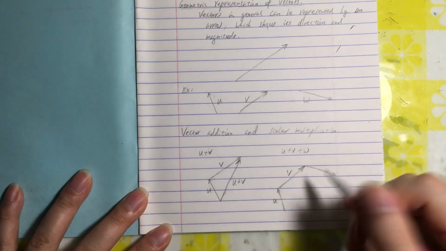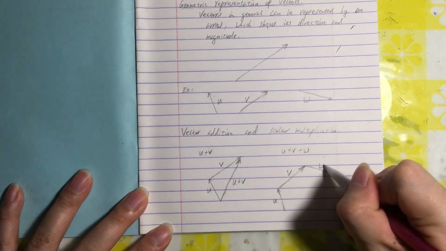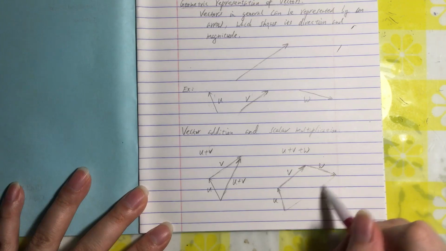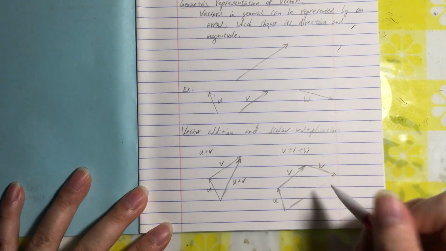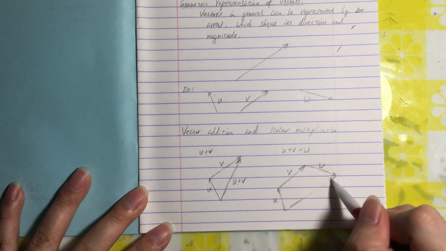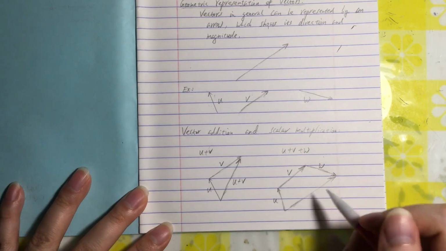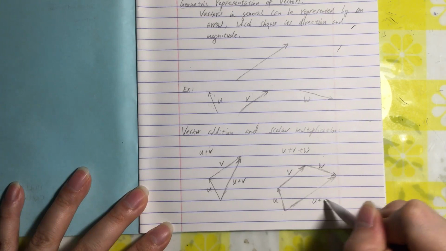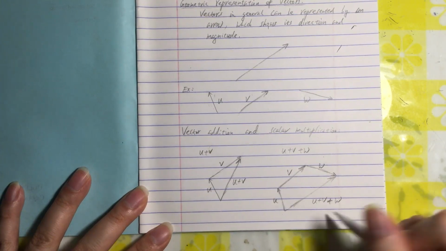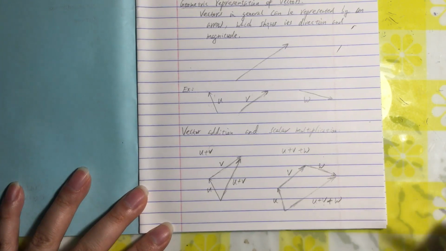Then, connect the initial tail to the final head. That's the sum of the vectors, u plus v plus w.